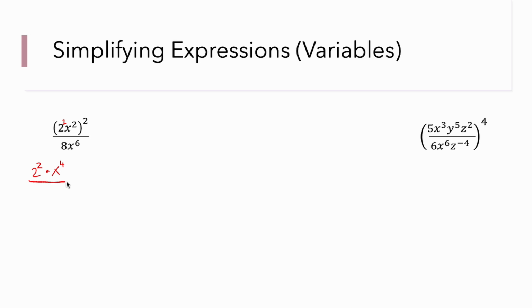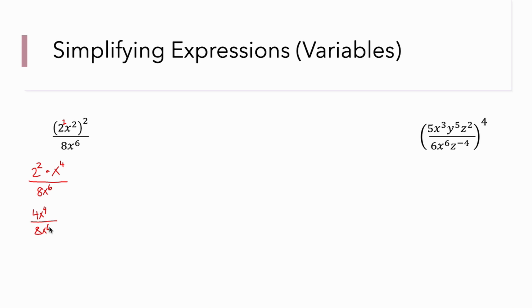This is all over 8x to the power of 6. Now we can simplify 2 squared to 4, and so we would get 4x to the 4th over 8x to the 6th.